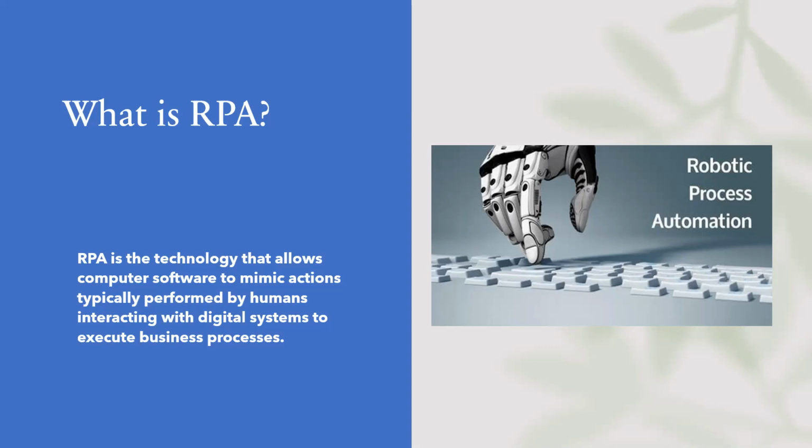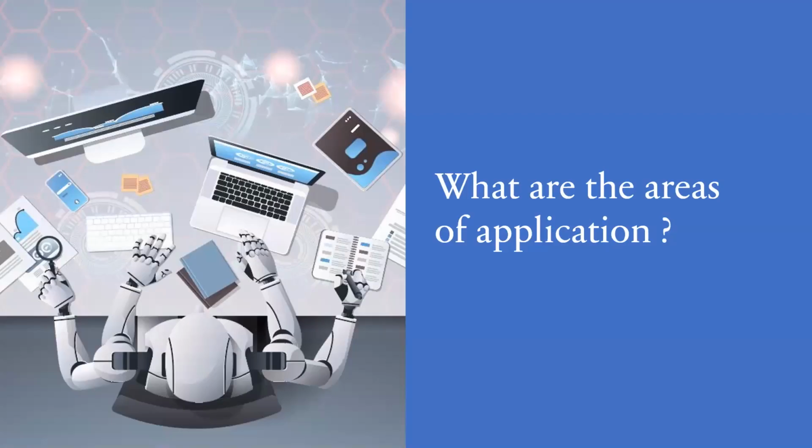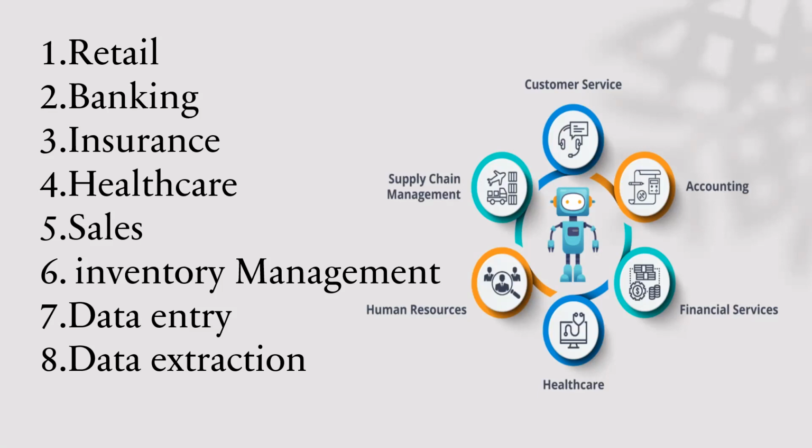All right. Moving ahead, what are the areas in which we use robotic process automation? Okay, let's have a look at it. As you can see in the picture, there are a few sectors where RPA is majorly used. For example, customer service, accounting, finances, healthcare, human resources, and supply chain management.